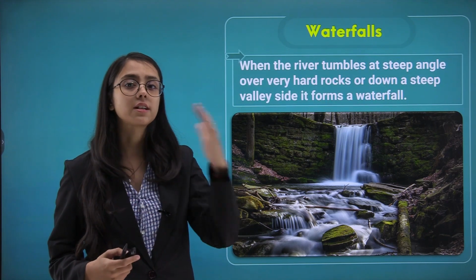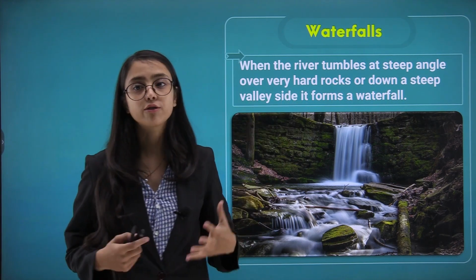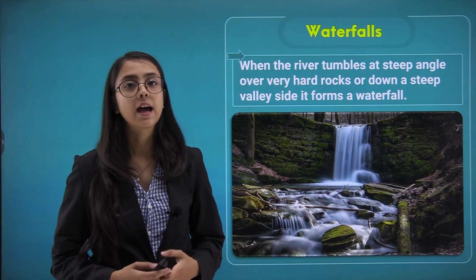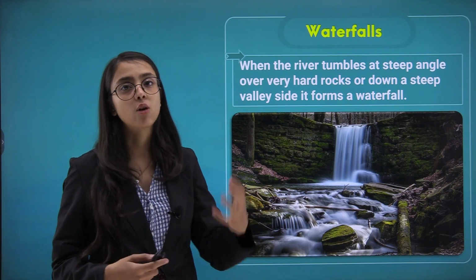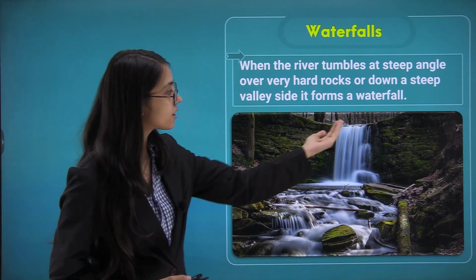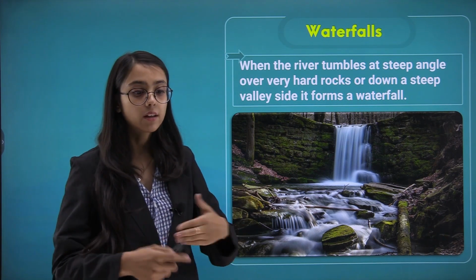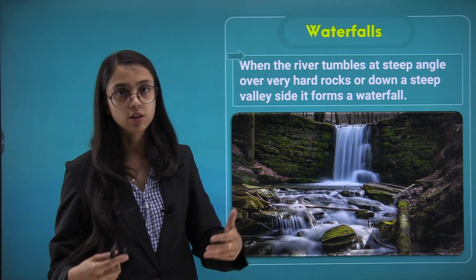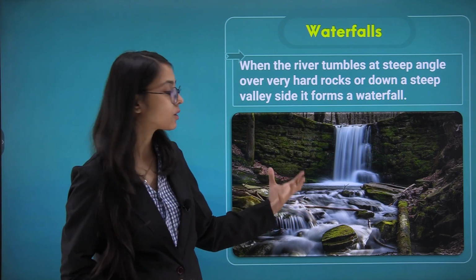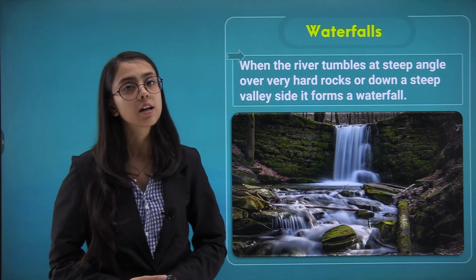Then we have waterfalls. When the river tumbles at a steep angle over a very hard surface of rock, it breaks down the rocks beneath it, and this forms the valley, and these are the waterfalls. For example, if a river reaches a point where there is no land further, the running water goes down and falls on the bed of rocks further below.